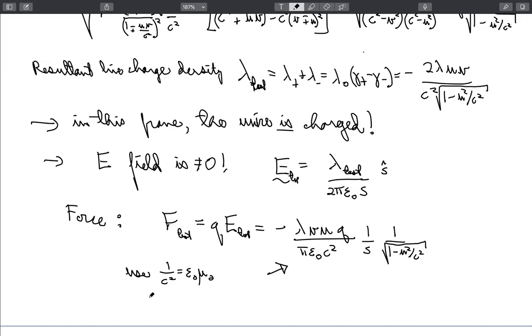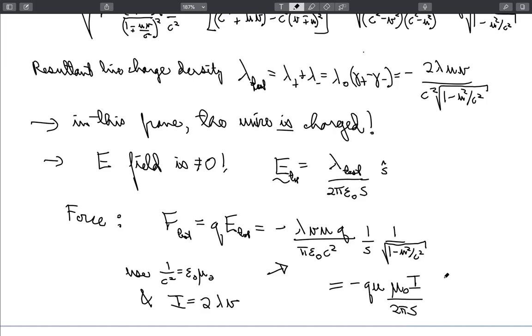And the other thing I can use is the fact that I had the current, which was 2 lambda times v, right? That's where we started from. So this thing just becomes equal to minus q times u, and now I've got the mu 0 I over 2 pi s.